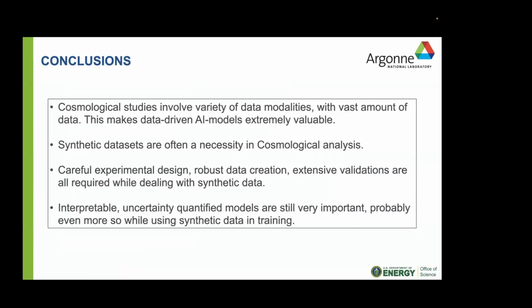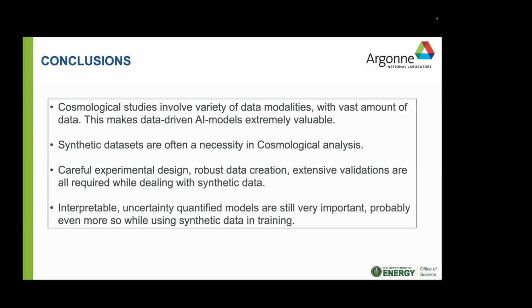Okay, so with that, I just have a conclusion slide that says there are various types of data modalities. We have lots of different data sources and an extremely large amount of data. Because of all this, AI models are really, really valuable for us. But unlike a lot of the problems that industry or folks in general might be interested in, within scientific AI there are specific concerns.